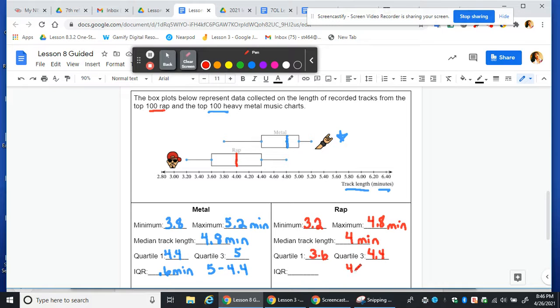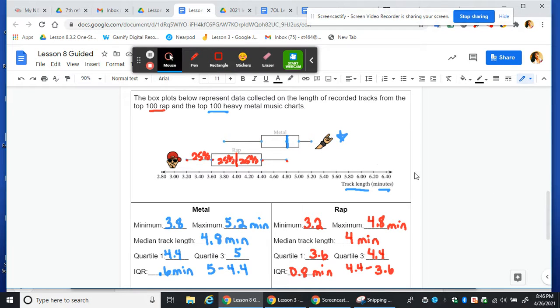In order to find the IQR, again, I need to subtract quartile 3 minus quartile 1, and when you do that, I get 0.8 minutes. So these are the key components of each part of my box plot. And remember, as we look at every single part, each quartile is represented by 25%, and so forth.